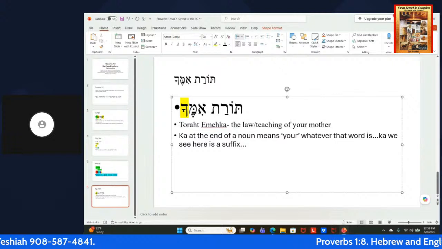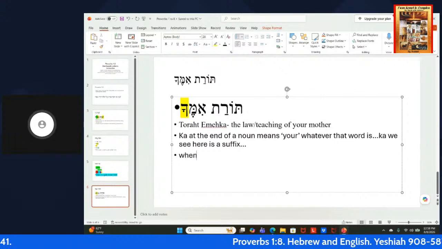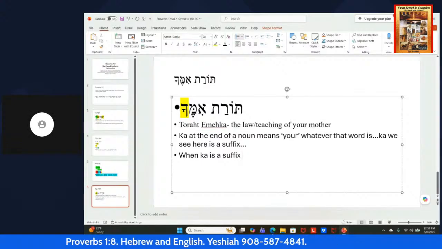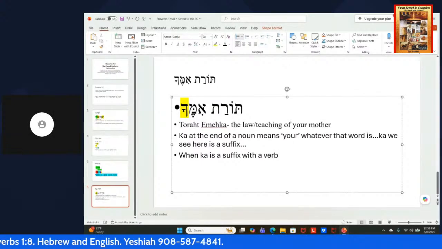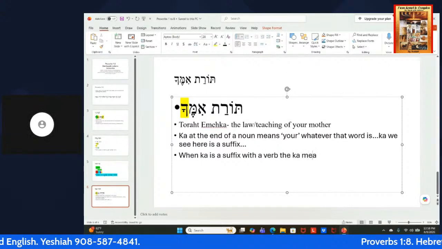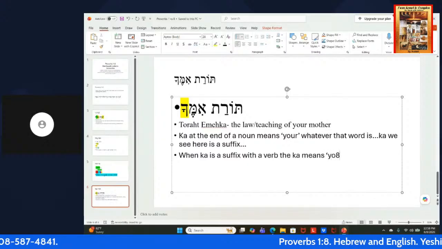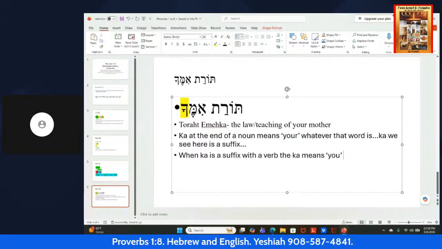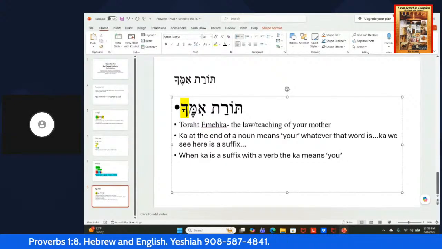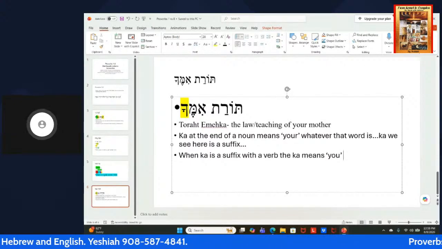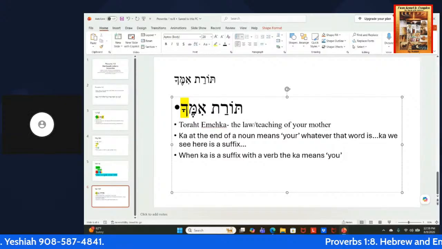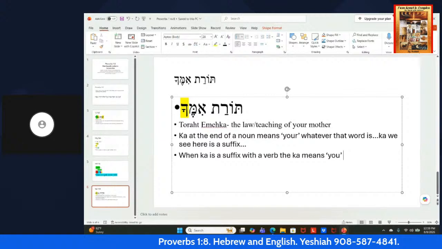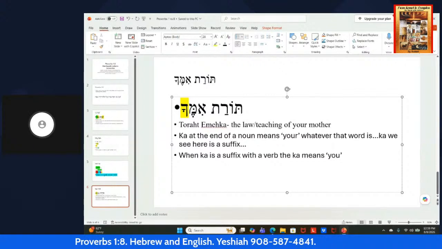When ka is a suffix with a verb, the ka means you, whatever that verb is. So, for instance, the word your God in Hebrew is said as Eloheka. So now we've gone over Torah and its meaning, brothers and sisters.